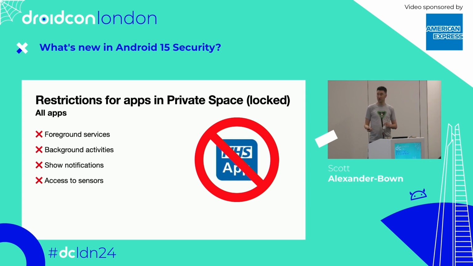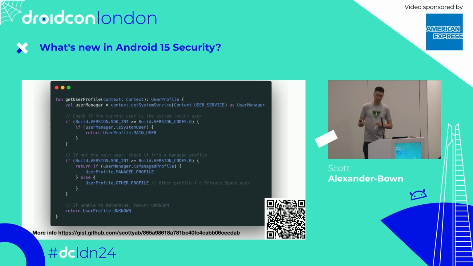One thing you could do, and this is presentation code, so use it with a very large pinch of salt, is detect if you're running in private space. There's no official API for this, but the user manager effectively gives you this. You can check if you're the system user, which is like the main user. And then if you're not that, maybe you're a managed profile, i.e. work profile.